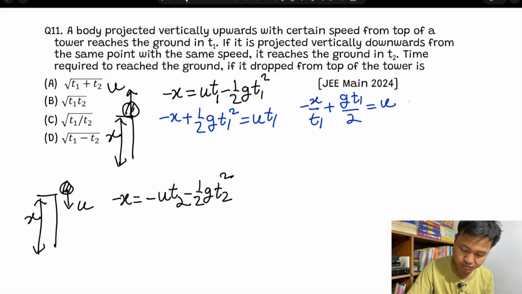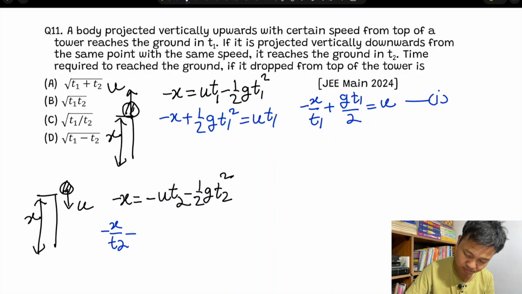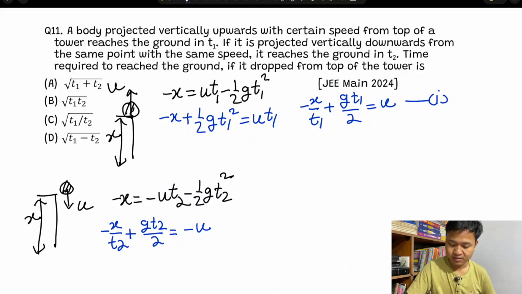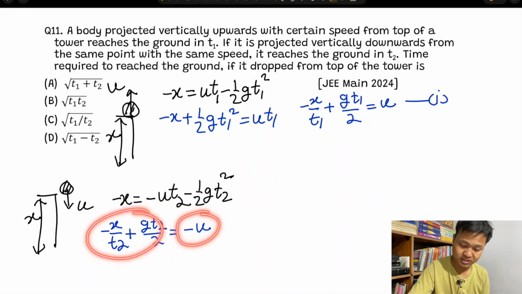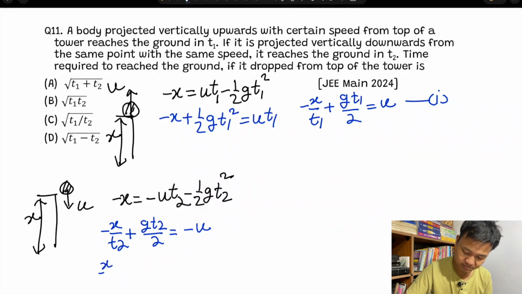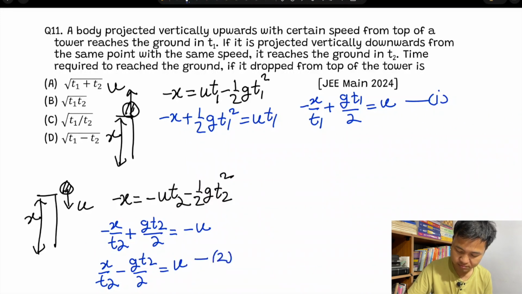So this is u, equation 1. Similarly, minus x by t2 plus g into t2 by 2 is minus u. I'll remove this minus, so you multiply both sides by minus: x by t2 minus g into t2 by 2 equals u, equation 2.